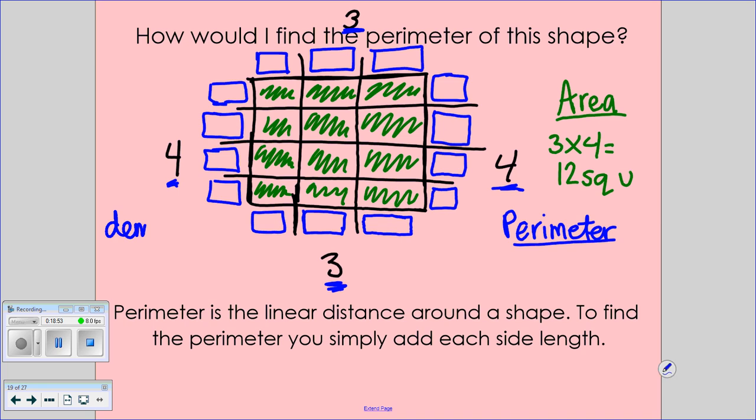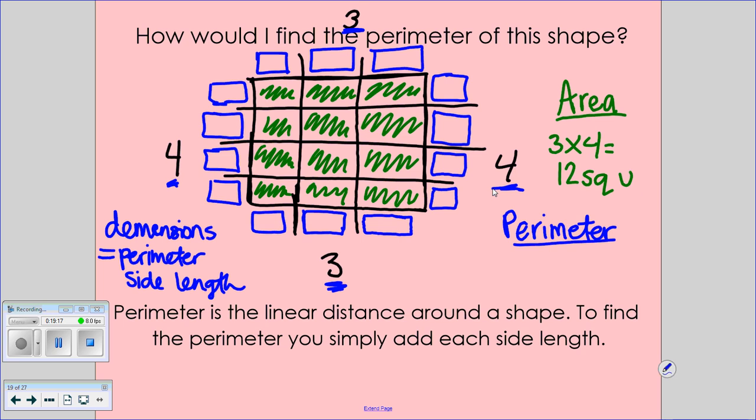Your dimensions equal your perimeter side length.